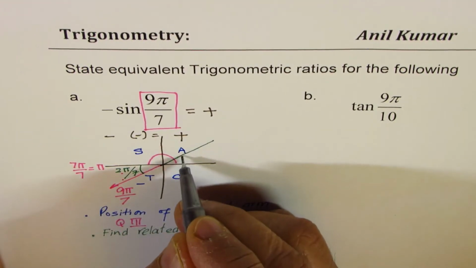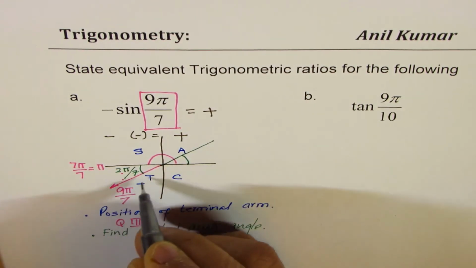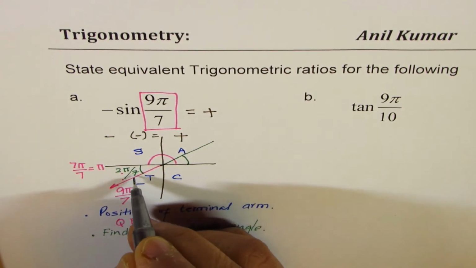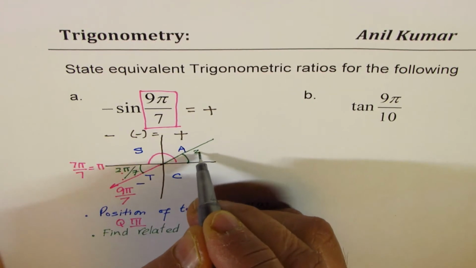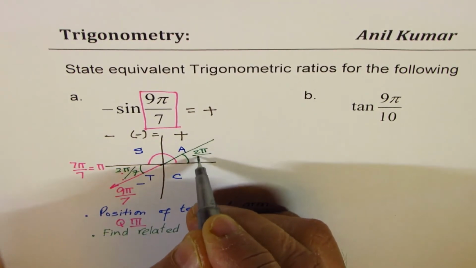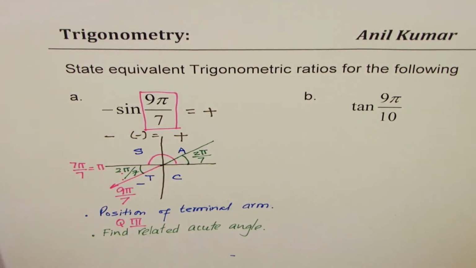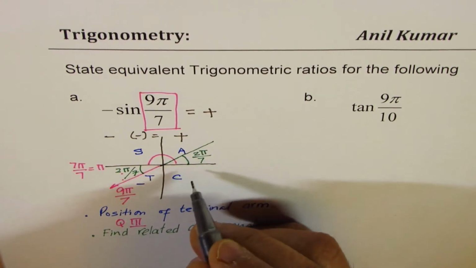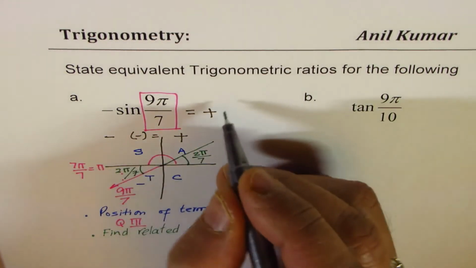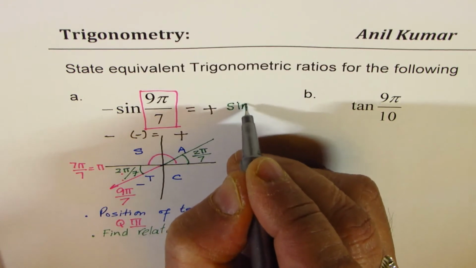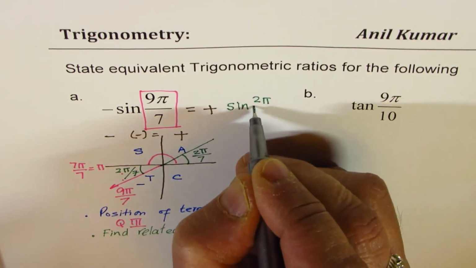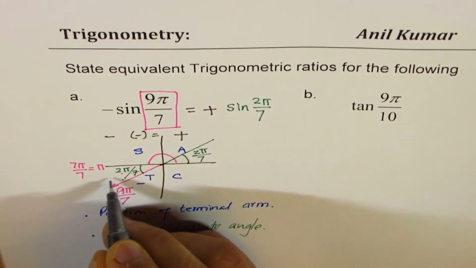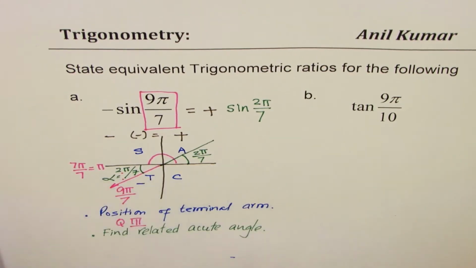Whenever we consider related acute angles, we are always considering an acute angle, meaning less than 90 degrees. So we are in quadrant 1 where everything is positive. Is it okay? All positive. So we could write this as sine of 2 pi by 7. Does it make sense? That is the related acute angle alpha.